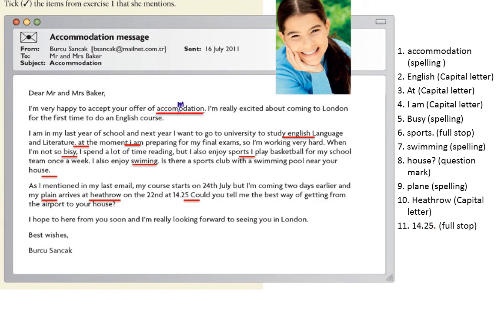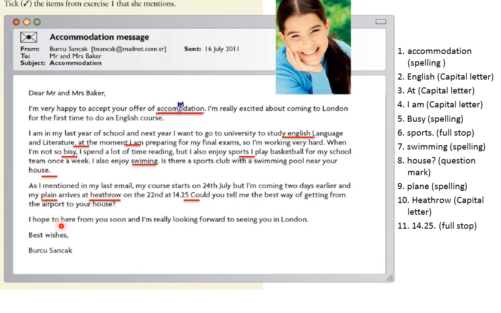Could you tell me the best way of getting from the airport to your house? Question mark. This is right. Let's go to the last line. I hope to hear from you soon. Here means "hear," used in this sentence to get a reply from Mr. and Mrs. Baker.